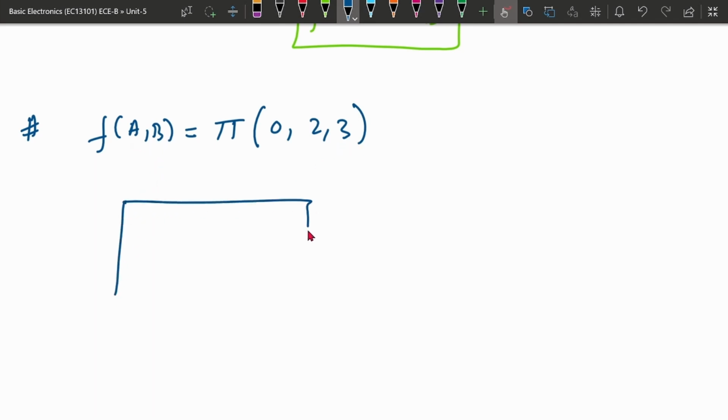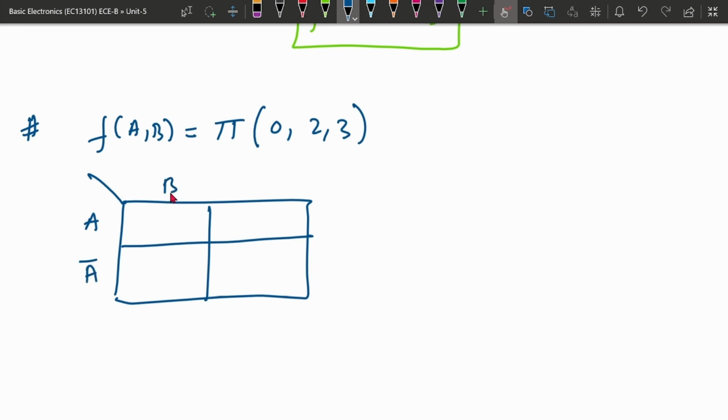So with respect to that, this is your a, a bar, b, b bar. So it is 0 to 4 is there, that means the function will be 0 means here this will be indicating your 0, 0, 1, 2 and 3. So 1 is not included, 2 is included and 3 is included.